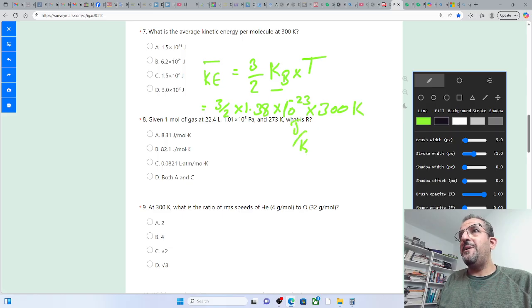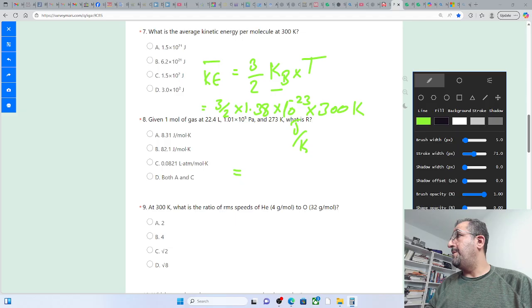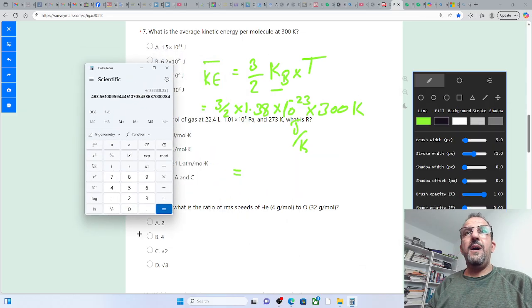You can see that you have the temperature here in Kelvin, so you can see now that the answer will end up with the joule unit. So let's come here, and I will multiply 3 divided by 2.